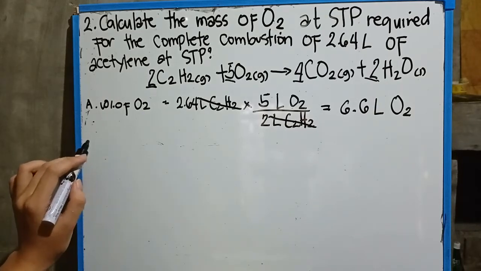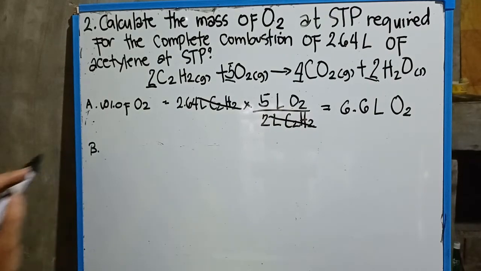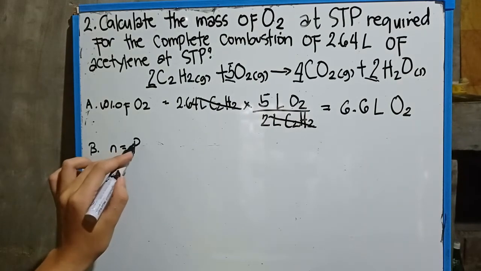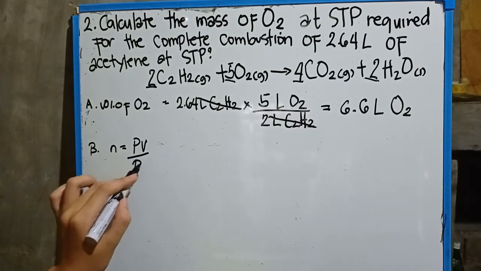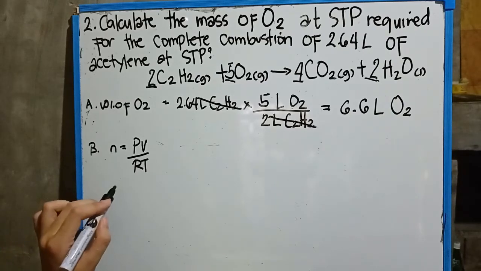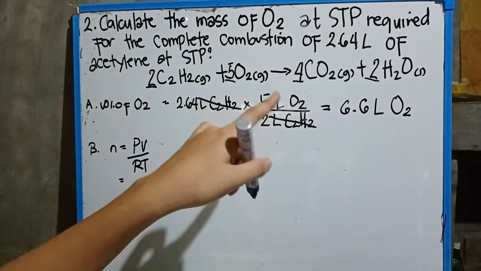So we have now the volume of our oxygen gas. We can now use our ideal gas law, PV = nRT, to get the mole of oxygen gas. So n is equal to pressure.